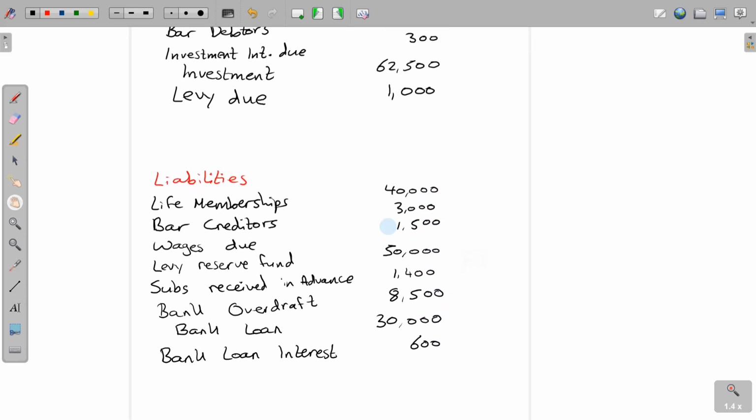Yep, so they're all the figures we need. Add them all together. I can see this is 744,155. Here we have 135,000. Put those together, 609,155.